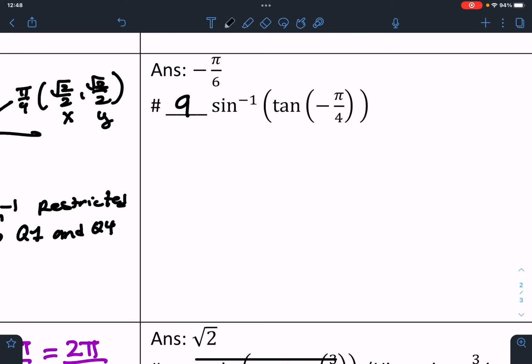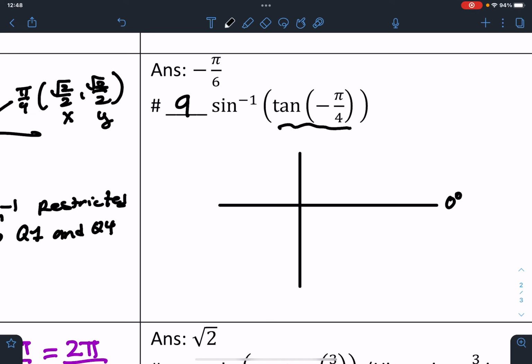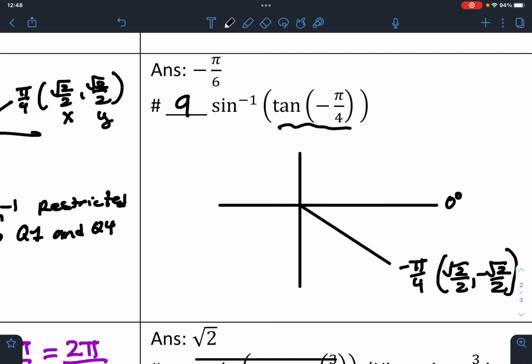All right, next question, let's do tangent of negative pi over 4. So if it's negative pi over 4, that means I'm going clockwise from 0. So negative pi over 4 is right here. And our x value is positive, and our y value is negative. So if I divide those, I'm going to get sine inverse of negative 1.